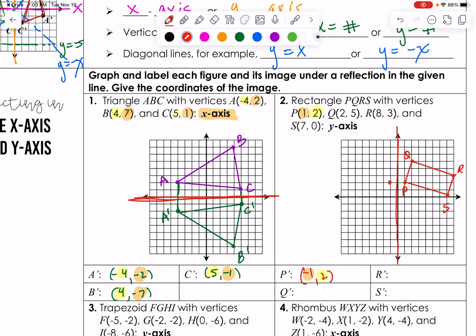So this is P prime. Q is over 2, so we go over 2 here to get Q prime. That's R prime and S prime.